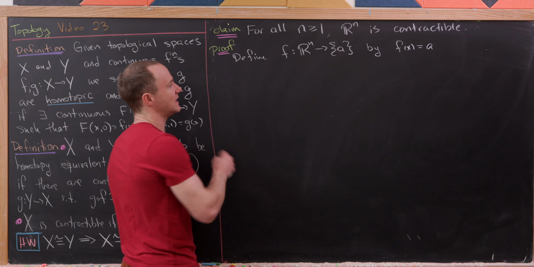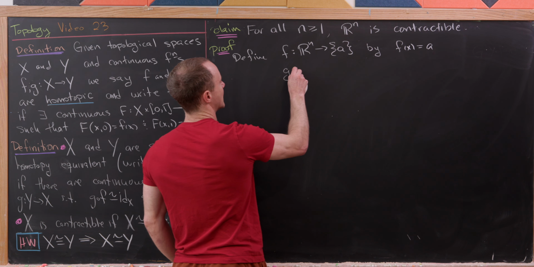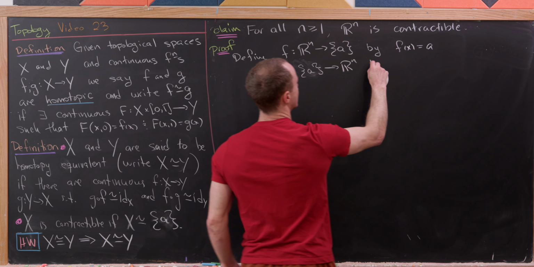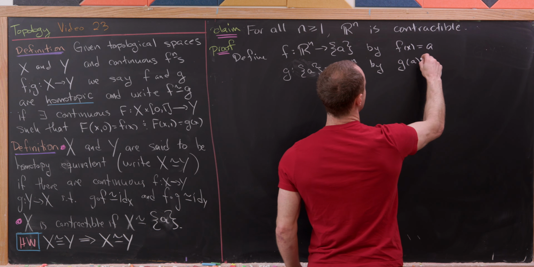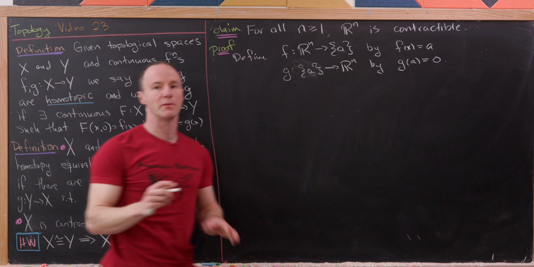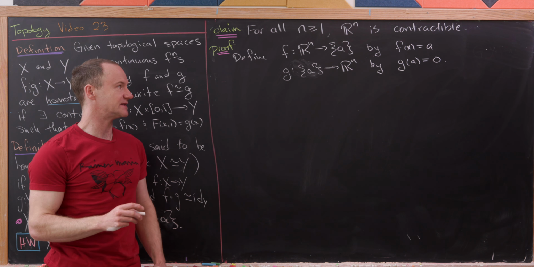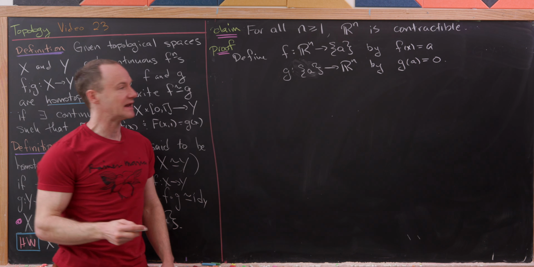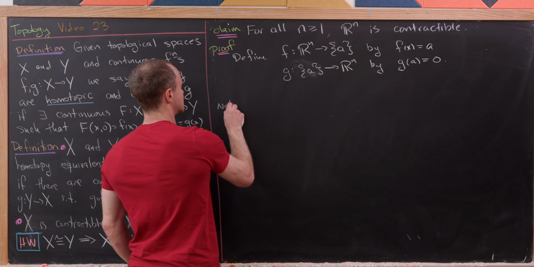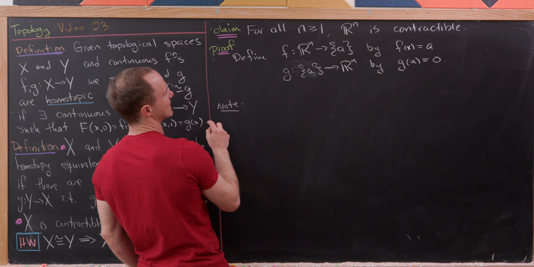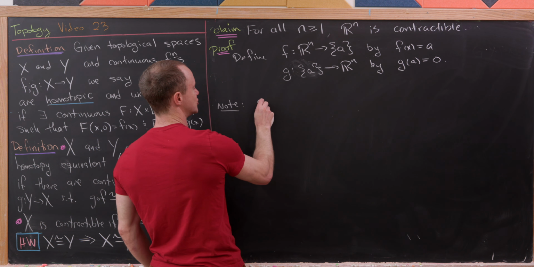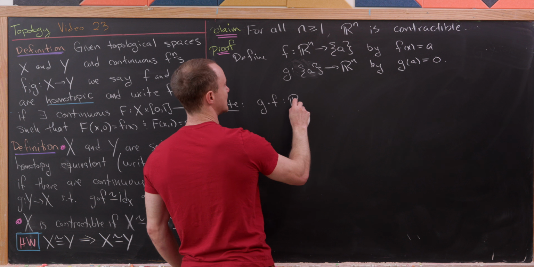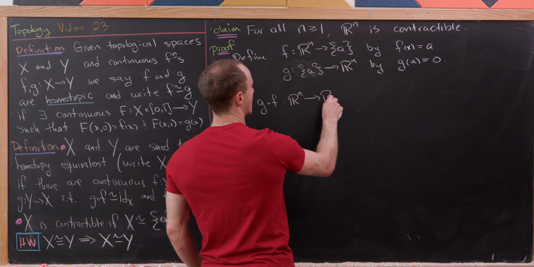Okay, good. And then let's also define g from the single point to Rn by g of a equals, we're going to set it equal to 0, but it really could be any point inside of Rn. Okay, nice. And now let's note the following. If we do our composition, g composed with f, notice that this is a function from Rn to Rn.